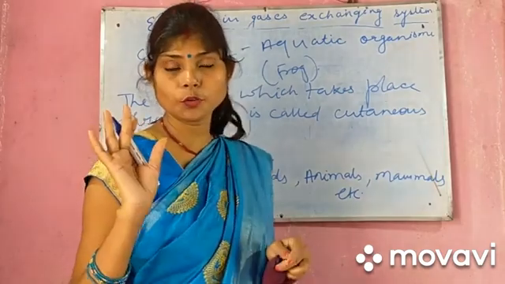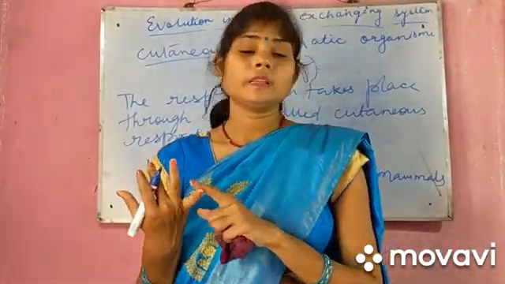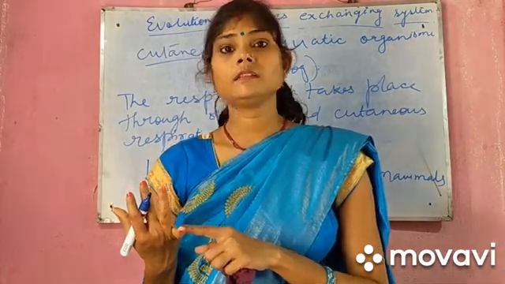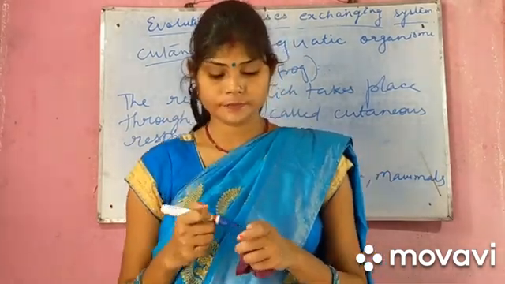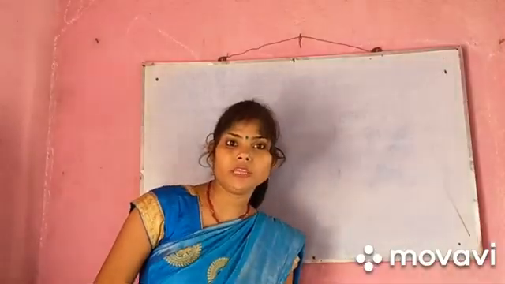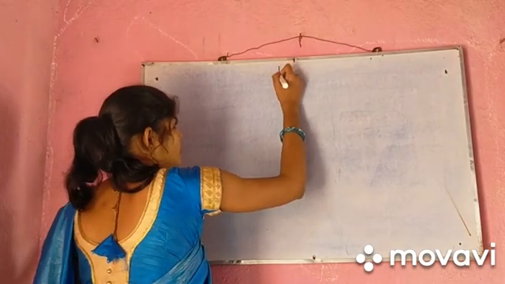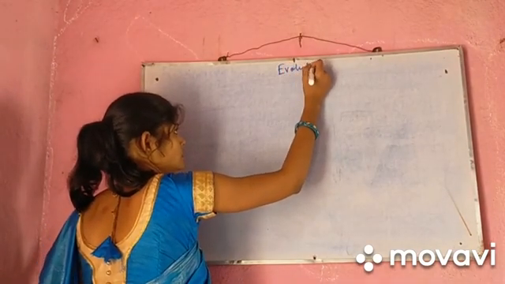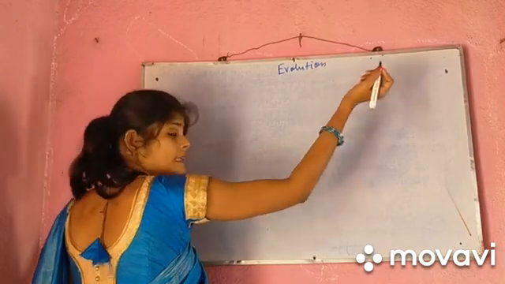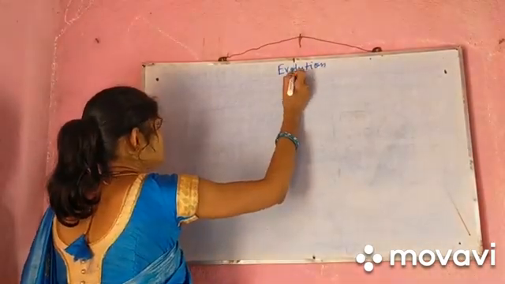So we read about the four respiratory systems: tracheal, branchial or gills, cutaneous, and lungs. Whatever we have read today, let's recall it. We were studying evolution in gaseous exchange.